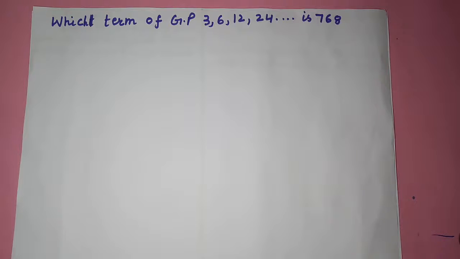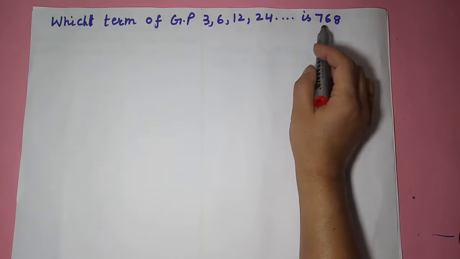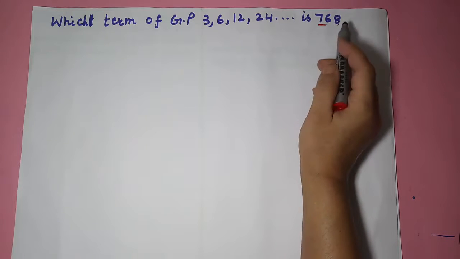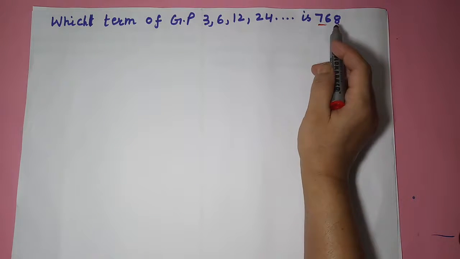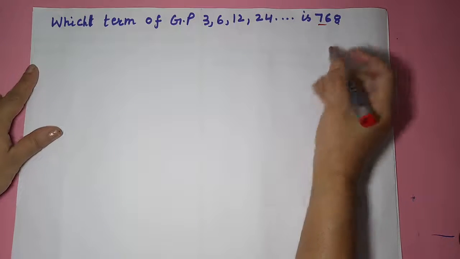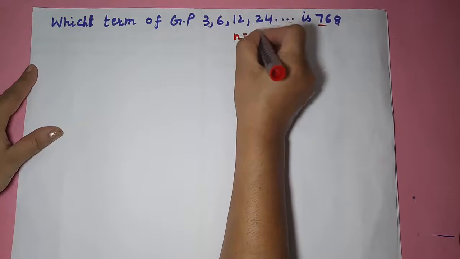Now some different types of sums. Here we have to find which term of the GP is 768, right? So the last term here is given as 768 and we have to find which term is this 768. Does that mean we have to calculate n here?